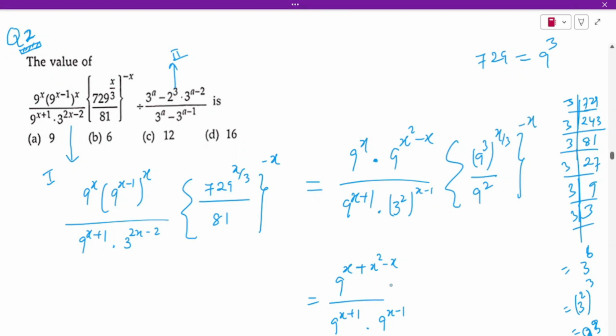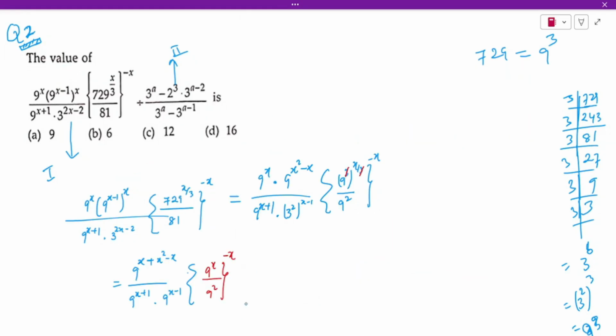Again, if we use the laws of exponents over here, this is going to cancel 3 with 3, so we end up with 9 to the power x, and using the same base, 9 to the power x by 9 to the power 2 whole raised to the power of minus x. Further we can write this as: here x minus x cancels, and in the same way we can go for addition of the powers over here as well.